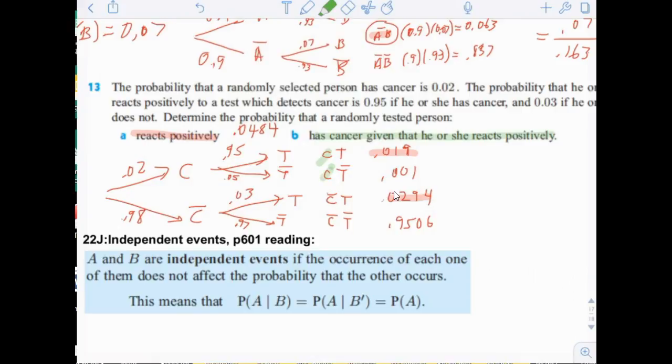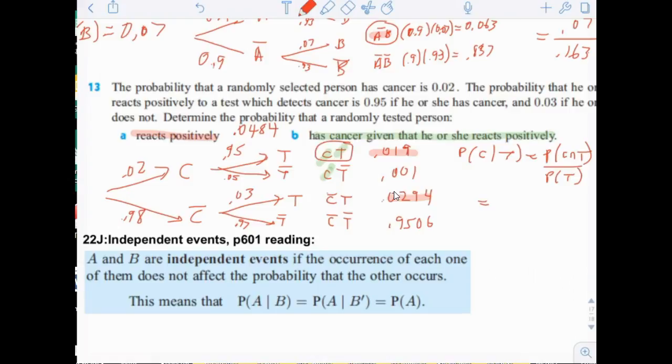So that would be the probability that she has cancer given that she reacts positively. So that would be equal to the probability that C intersects T divided by the probability of T. The probability of C intersect T is this one here, which is 0.019, right? C intersect T would be both C and T happening.